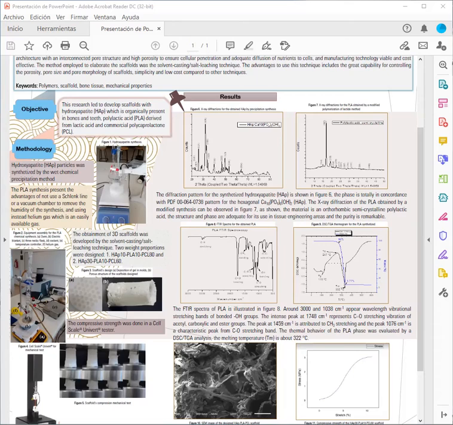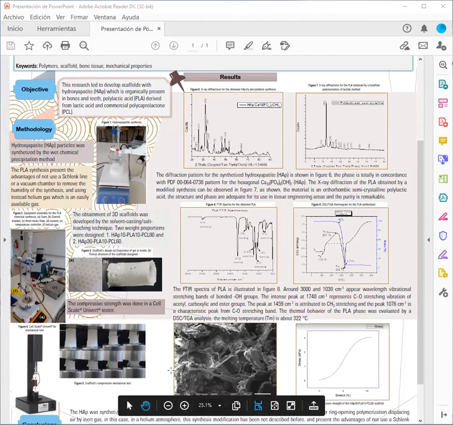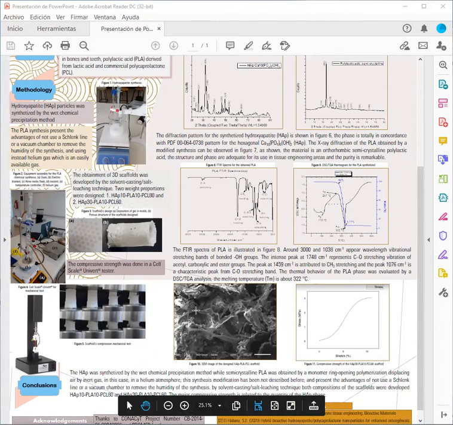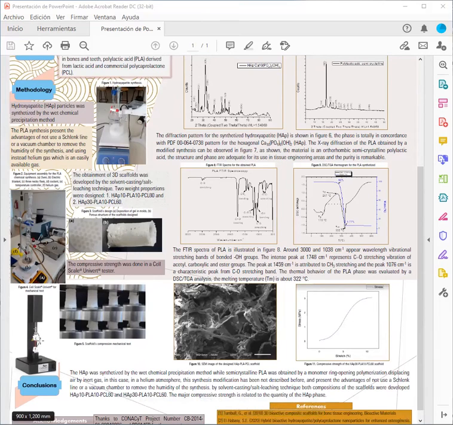Posteriorly, the composite scaffolds obtained were evaluated to observe their morphology, which is heterogeneous as expected, but well dispersed as observed in the same images. The mechanical test was taken under compression conditions, and the test was done to compare the values to cortical or cancellous bone.